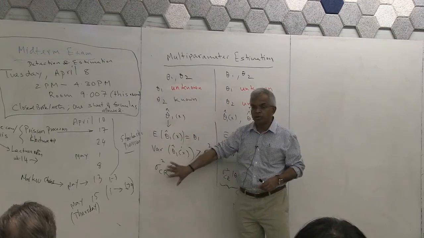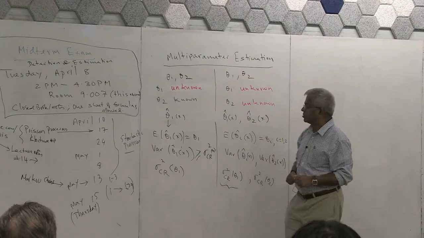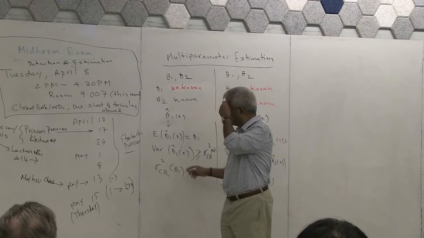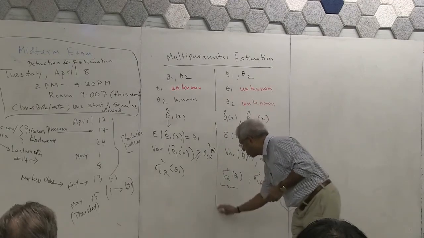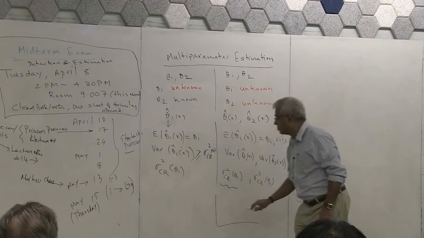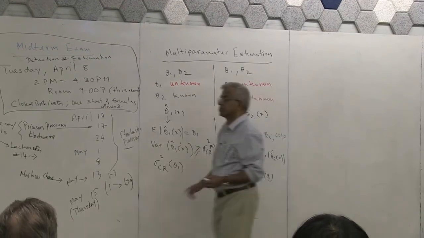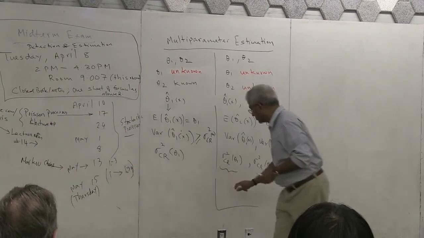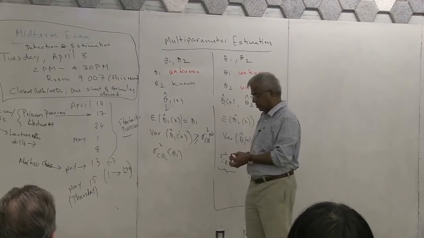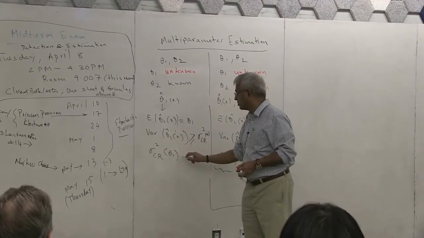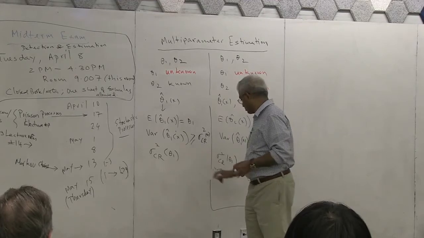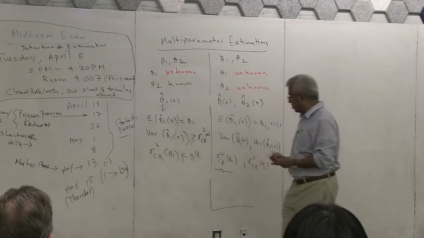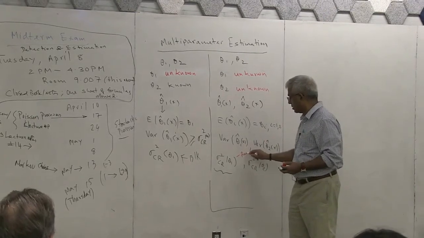In this context, it will be one Cramer Rao bound. So of course, as I said, you can make all sorts of plots. If you plot these two, it will be like this. I'm going to represent this in black, and this in red.